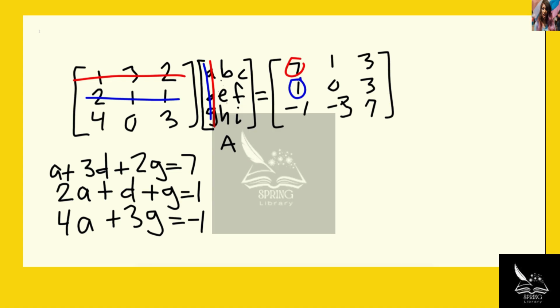And then you can repeat that process with the other columns to get three different systems of equations.